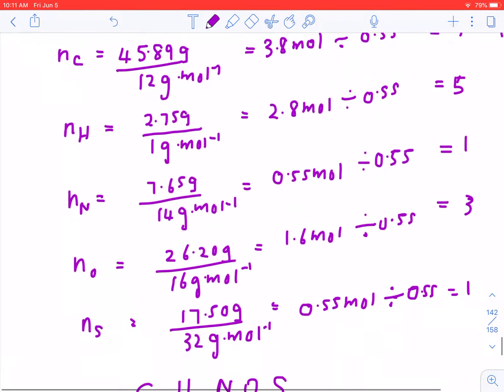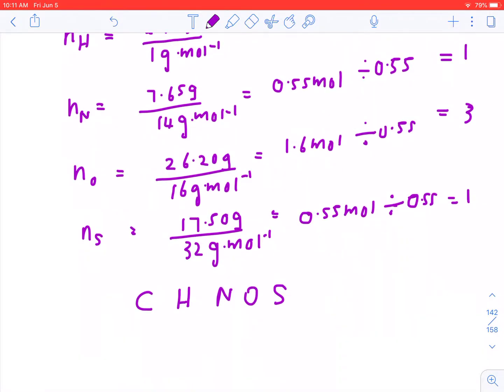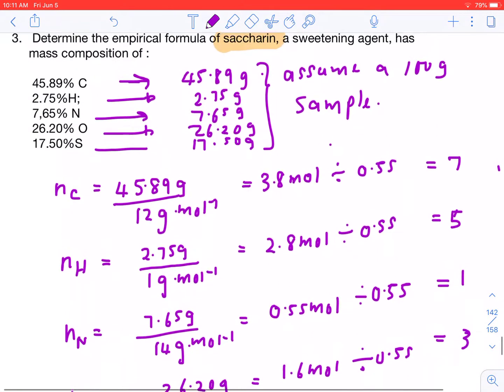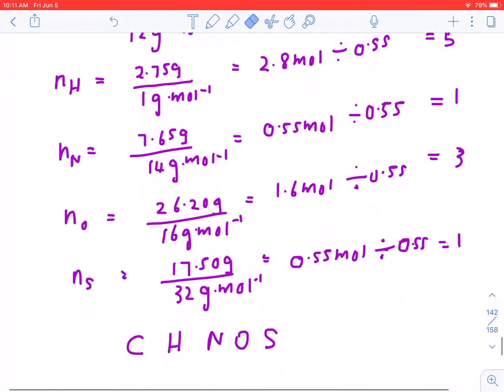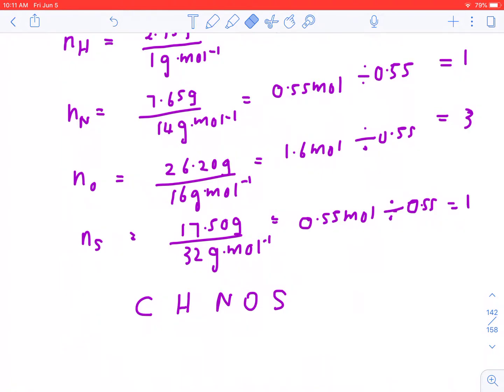And if you look at this, the ratio is 7, 5, 1, 3, 1. So it's 7, 5, we don't have to put the 1, and 3, 1.